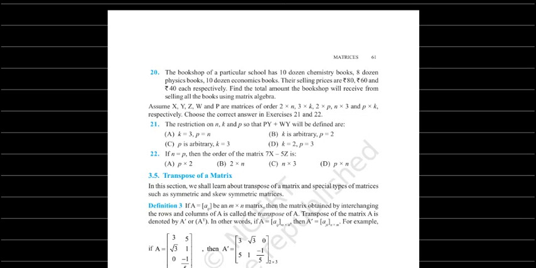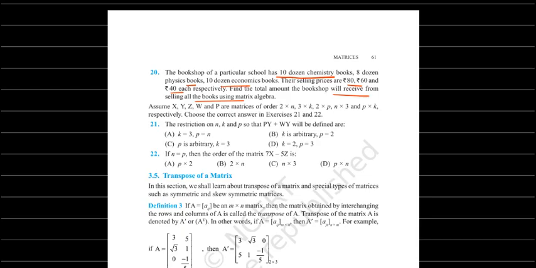The bookshop of a particular school has 10 dozen chemistry books, 8 dozen physics books, and 10 dozen economics books. Their selling prices are 80, 60, 40 respectively. Find the total amount the bookshop will receive from the selling of the books using matrices.